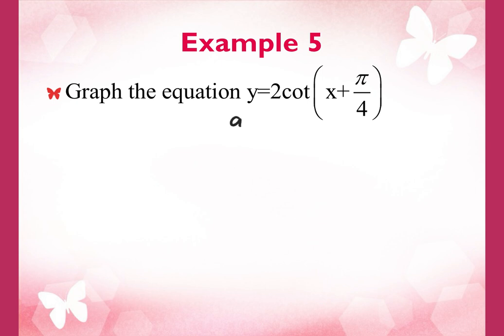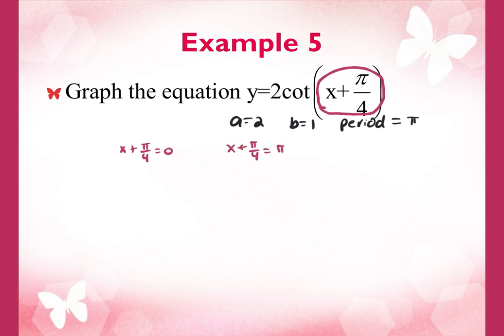So A is 2. B is 1, which means your period is pi. And then this whole guy gets that equal to, because it's cotangent, what? 0 and pi. Good. So we actually use this ratio. Yeah, you're basically moving your asymptote, the phase shift.